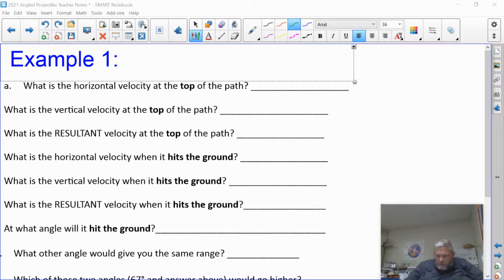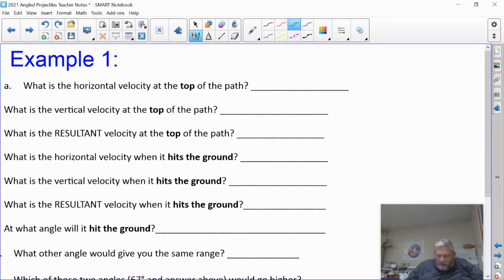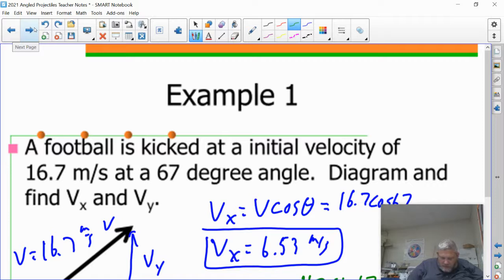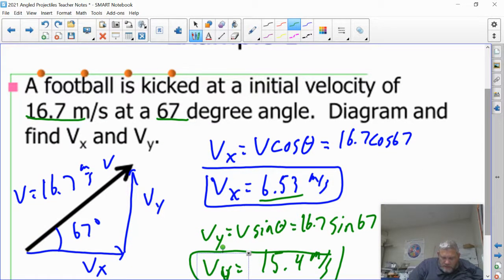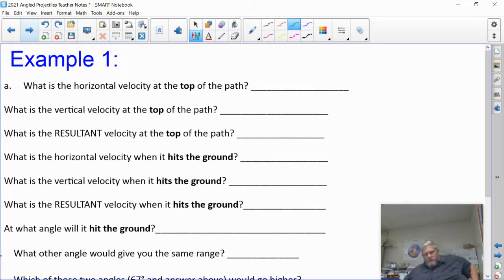All right, so now we're trying to figure out what the velocity is at the top of the path. Let's go back and look at the problem again. It's 16.7 at a 67-degree angle, and we know that the x velocity was 6.53. When it reaches the very top, the vertical velocity becomes 0 at the highest point, but the x velocity never stops.